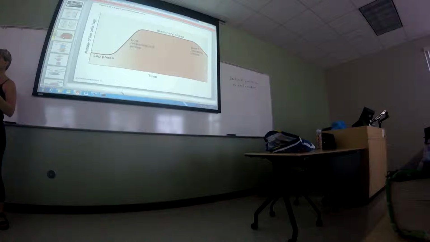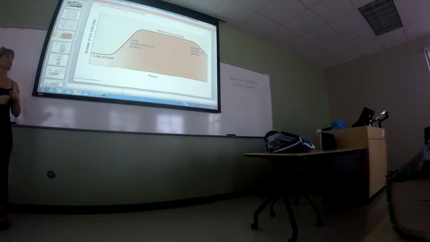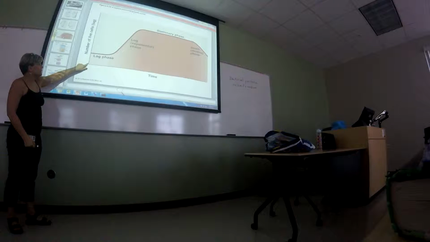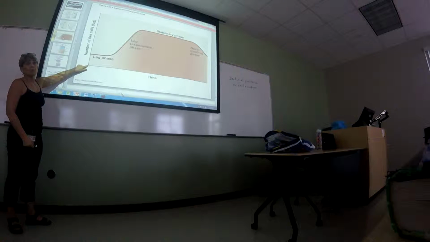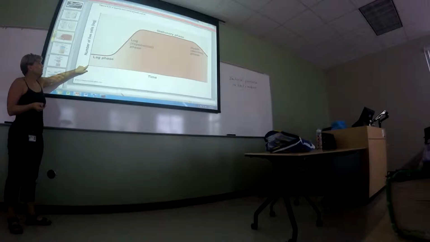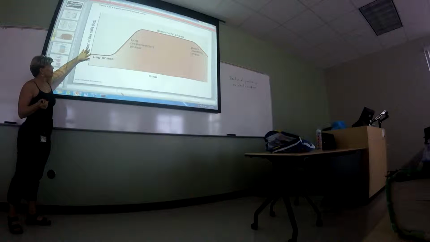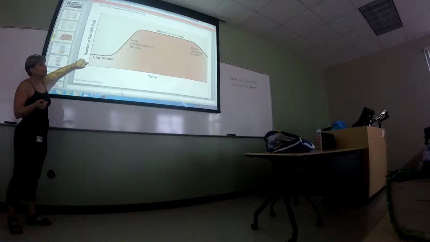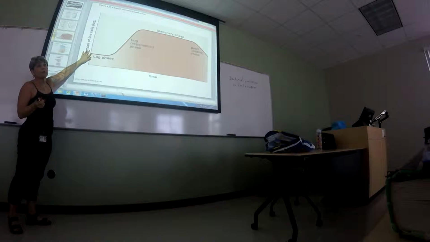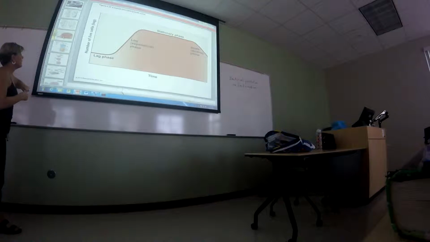You can grow them and then work backwards and sort of get an estimate of how many you started with, but you probably don't know exactly how many you started with. So my point is, you can't start with 0. You have to start with some amount, even if it's 1, but probably it's not going to be 1 because they're so small. So this curve starts not at 0, but at some number of cells, okay?